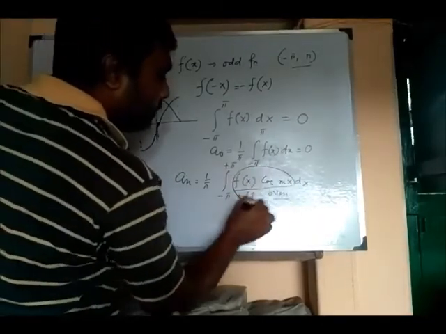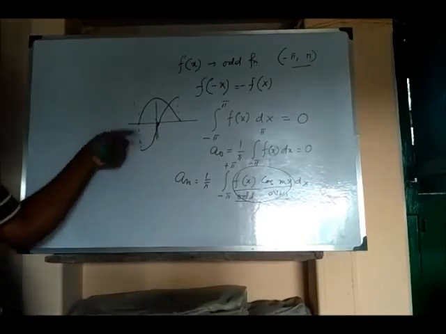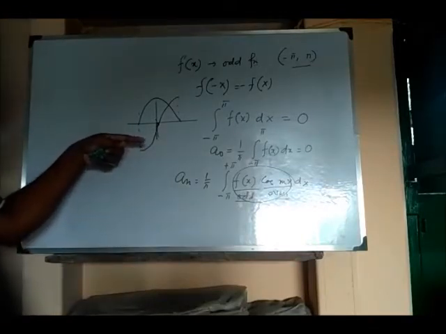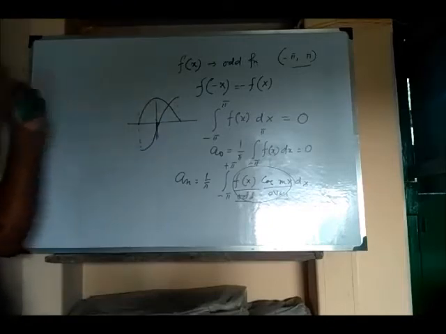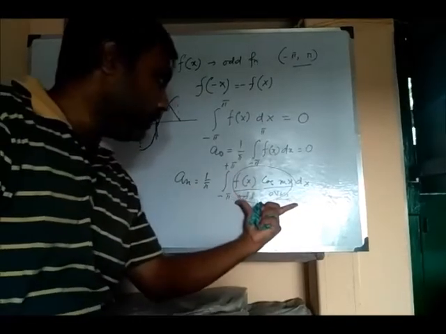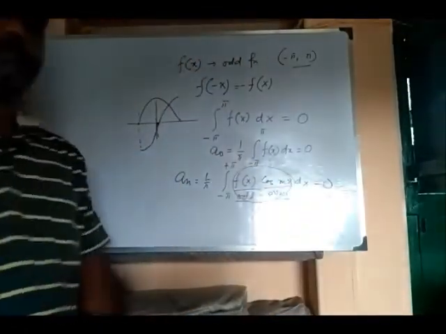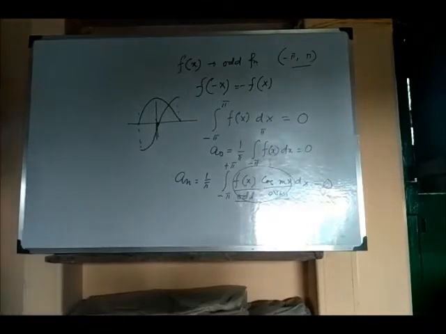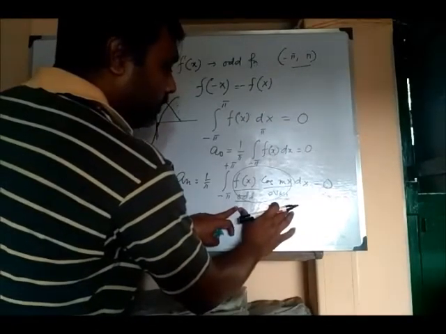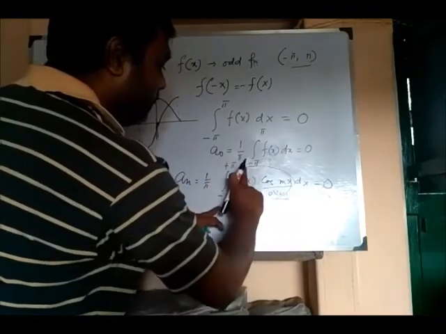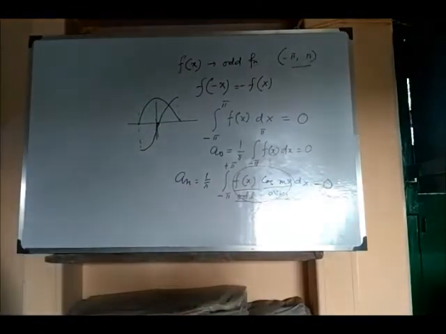So its area will be reversed in the negative x direction, and the integration of this term will give me 0. So an even function times an odd function, integrated within the closed interval minus pi to plus pi, gives me 0.